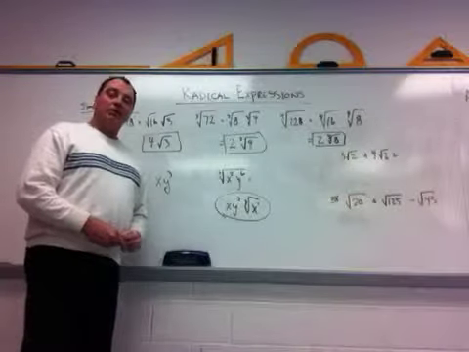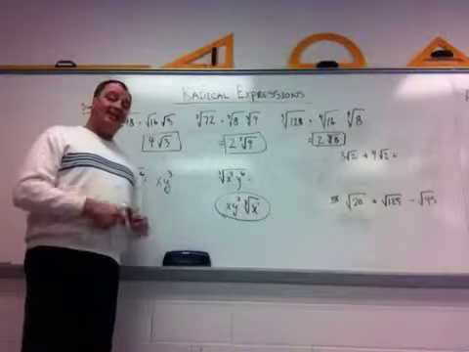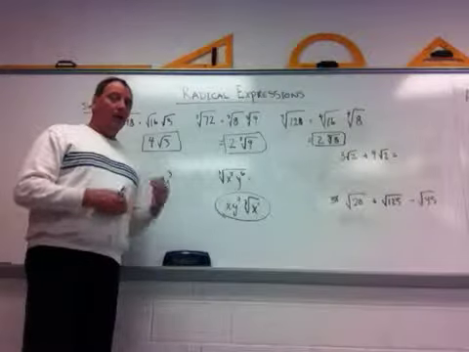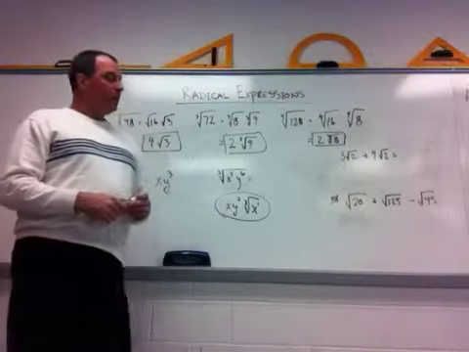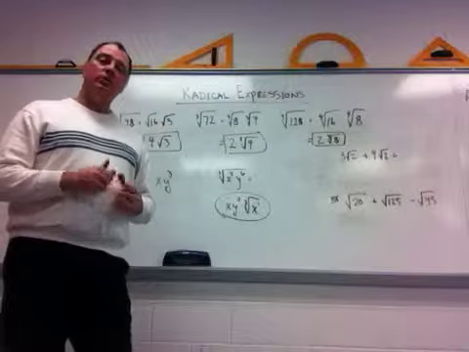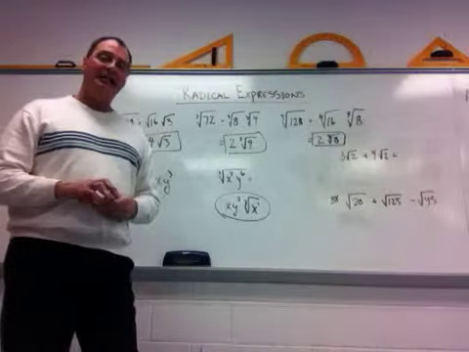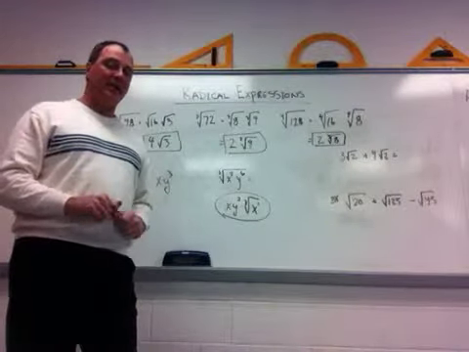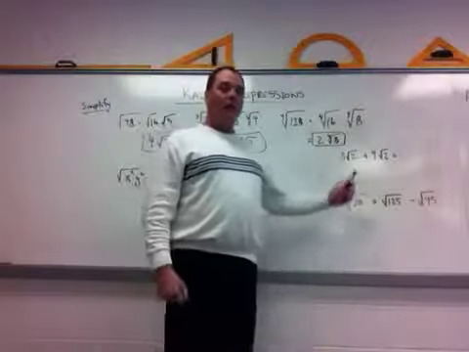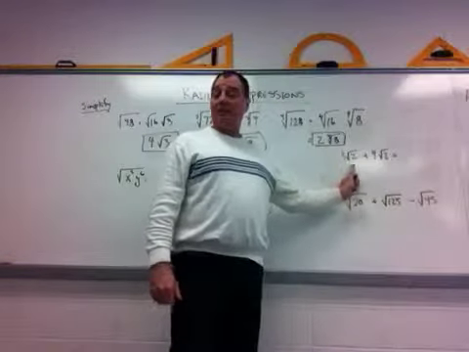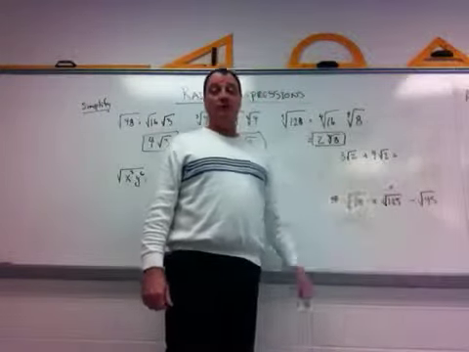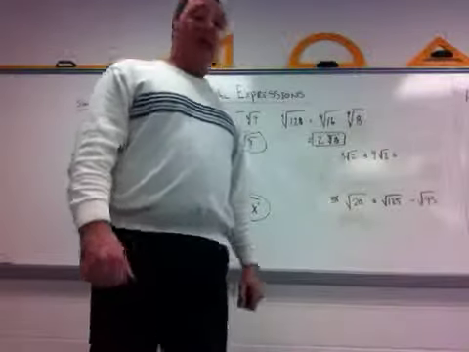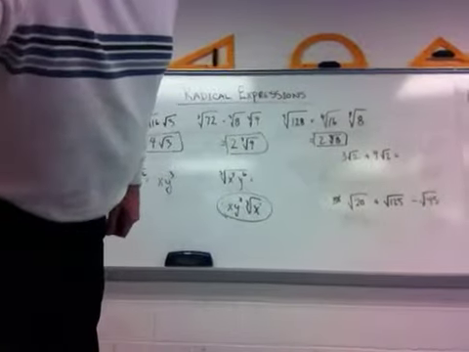Now, the last thing I'm going to show you in this video is how to add and subtract radical numbers. What you do is you see these as like terms, and I have an example over here. Over here I have 3 times the square root of 2 plus 4 times the square root of 2. Now, I'll move this a little bit.